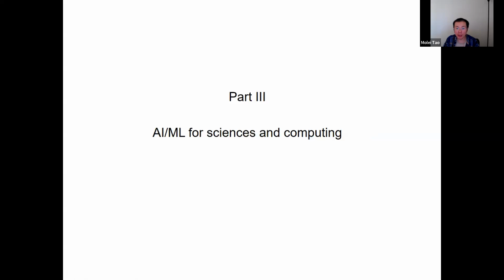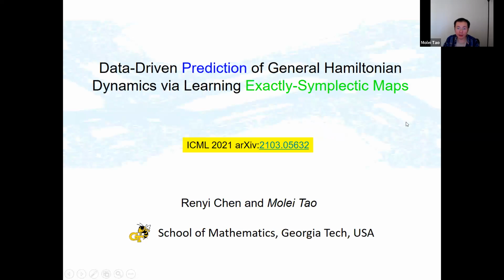Finally, I want to very quickly talk about machine learning for dynamics, and in particular, learning dynamics and prediction. This is joint work with my former student Ren Chen, and it studies a problem of interest to many: given a time series, can we learn the underlying dynamics that generate this time series, and can we make predictions?